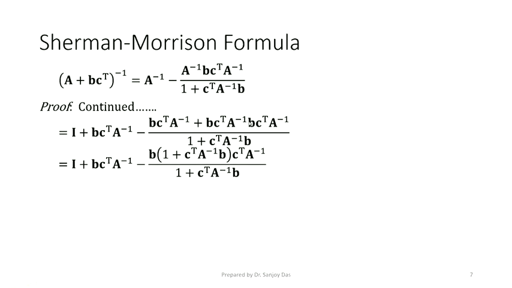So this has to be taken out on this side. What's left inside? B and C transpose. This is 1 plus C transpose A inverse B. I took out B on this side and C transpose A inverse on this side. And so what remains is C transpose A inverse B. Excuse me. So this is what I have.